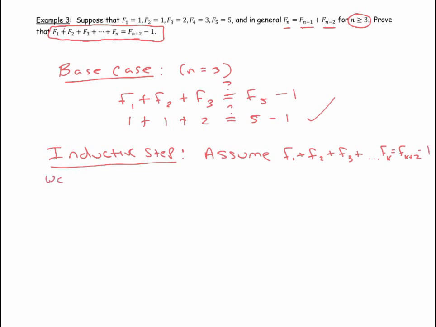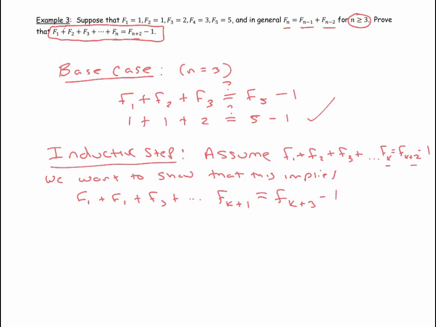Okay, we want to show that that would imply that this claim is true for the k plus first Fibonacci numbers, rather. So just again, the indices here: if this is k and that's k plus 2, this must be k plus 3 minus 1, right? 2 more than it.